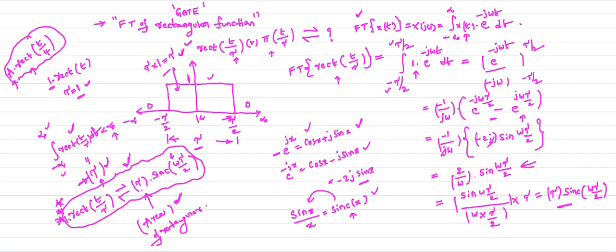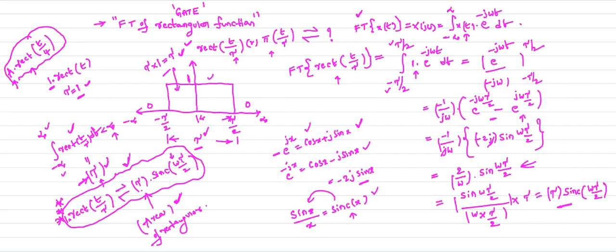Here the height of the rectangular pulse is 1. In the answer, just remember that tau is the area of the rectangular pulse, which is width into height. Here height is 1 and width is tau.